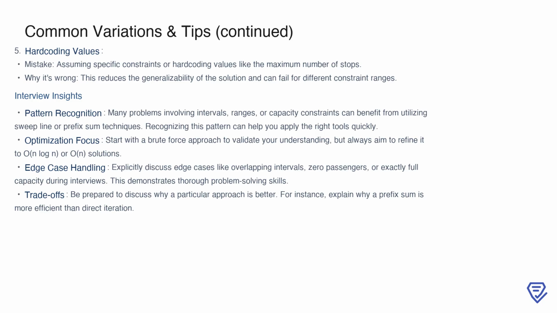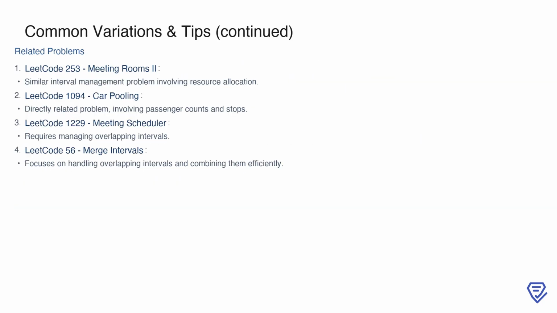This problem is closely related to several other interval-based challenges. For instance, LeetCode 253, Meeting Rooms 2, involves managing overlapping intervals to determine the minimum number of resources required. Of course, LeetCode 1094, Carpooling, is directly related, as it focuses on managing passenger counts at specific stops.